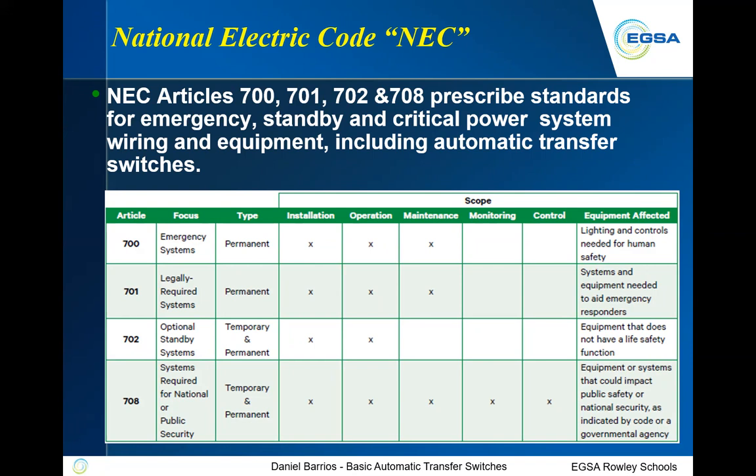And then lastly, the one that was added a few editions of the National Electric Code ago. Right now, we are up to 2023. 2023 has been published. It may not be adopted in your area. The previous one was dated 2020. The one before that was 2017. In this case, 708 was added.